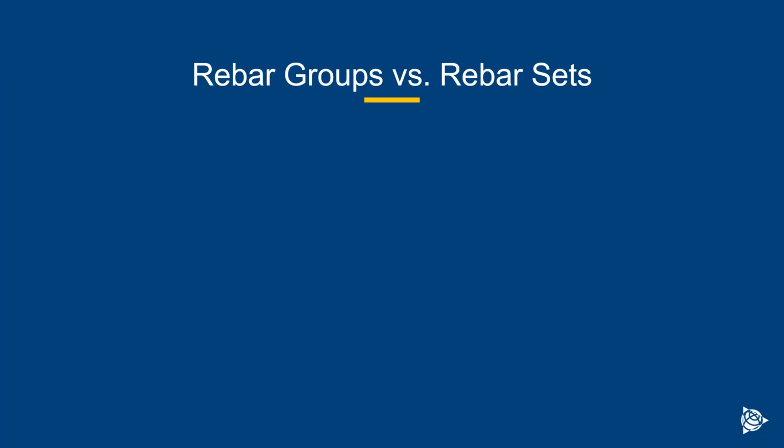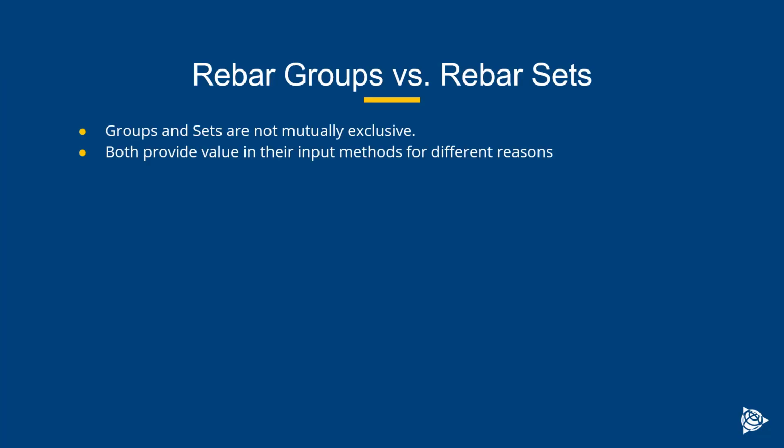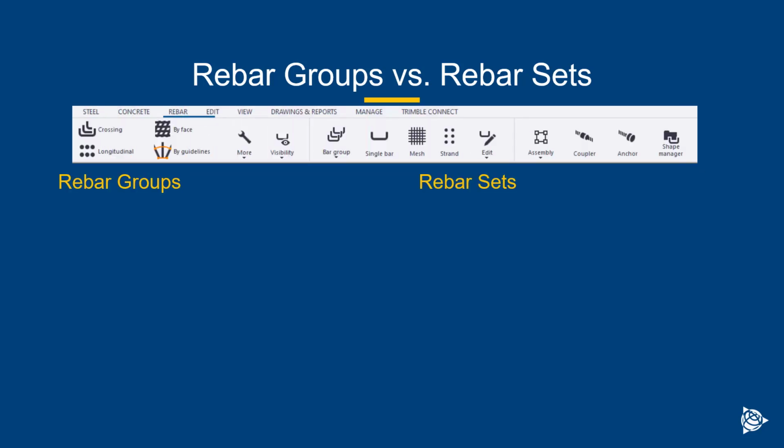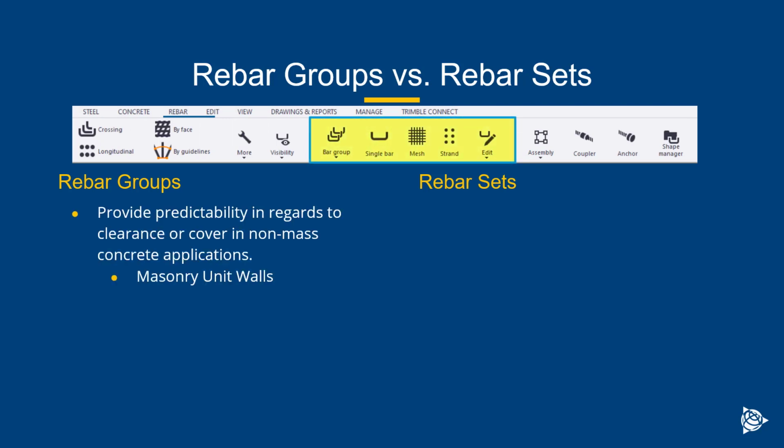So the first thing that we need to understand is that rebar groups and rebar sets are not mutually exclusive. You can use them in combination in your models. And they both have value in their input methods for different reasons when we're detailing our rebar. So for rebar groups, they provide a predictability for us in regards to how we control clear cover or clearances in non-mass concrete applications.